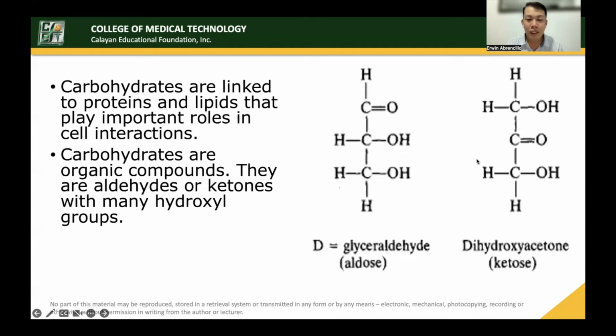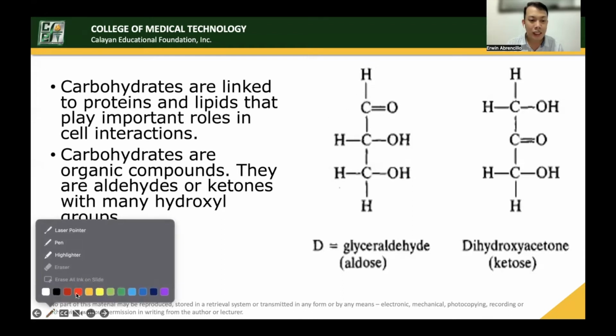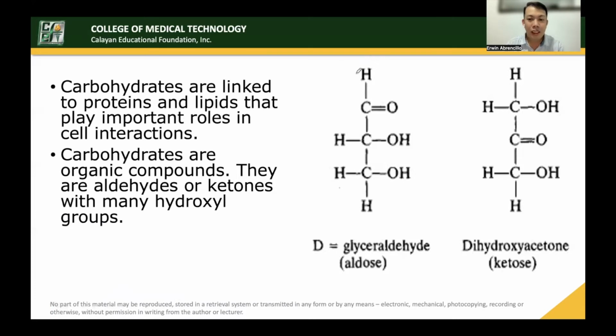And of course, for you to be able to tell whether it is an aldehyde or a ketone sugar, all you have to do is to look at the functional group. So on this side, I'll be using highlighter. So this one, this is CHO, so this is an aldehyde. And this one, C double bond O, this is a ketone.